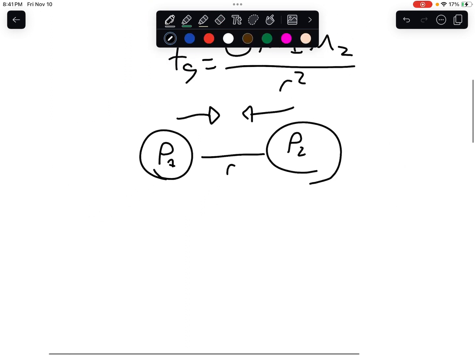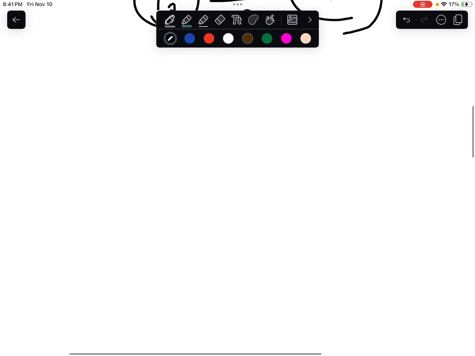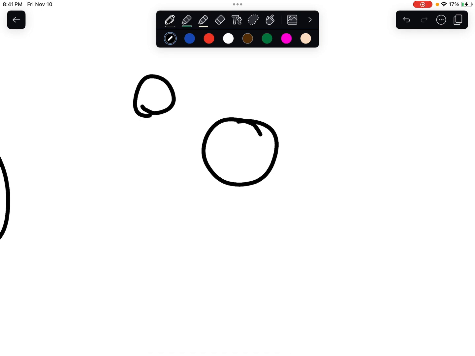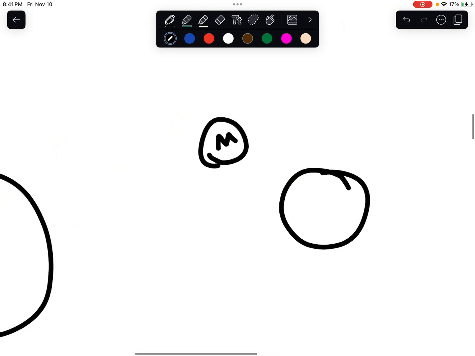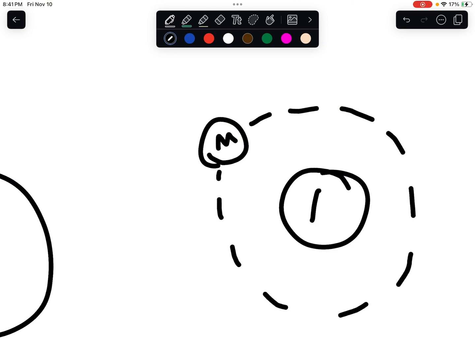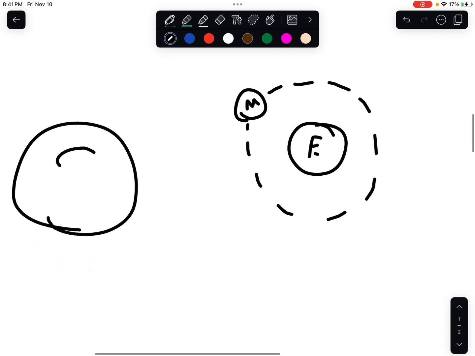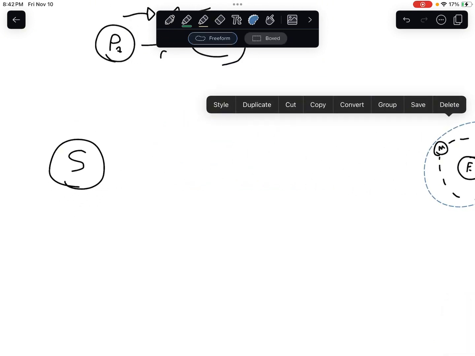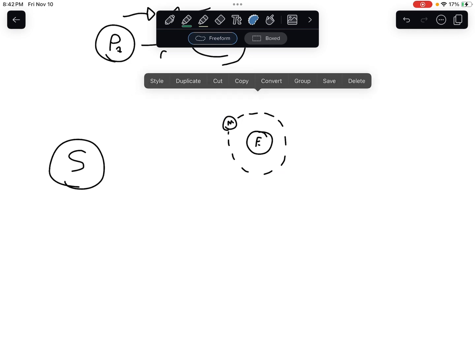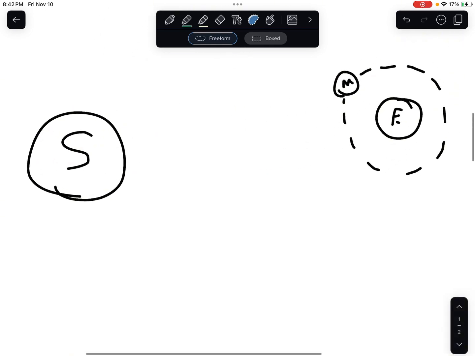A way that you can understand this easily for yourself: think about our solar system. We've got the sun, the moon, and the earth. The moon orbits around the earth, even though there's this big old sun over here. Obviously, the earth is very far away from the sun, but let's just put it over here for simplicity's sake.